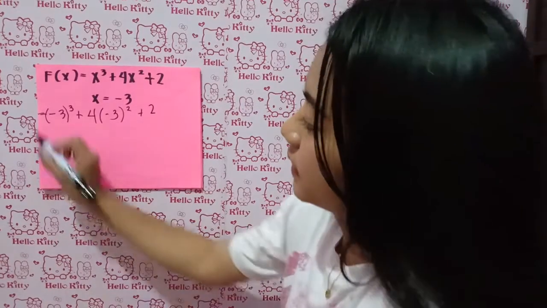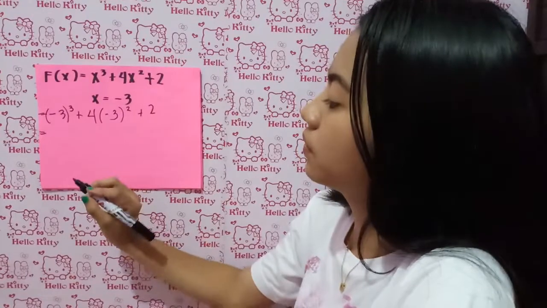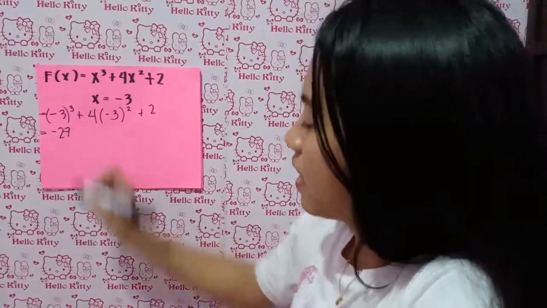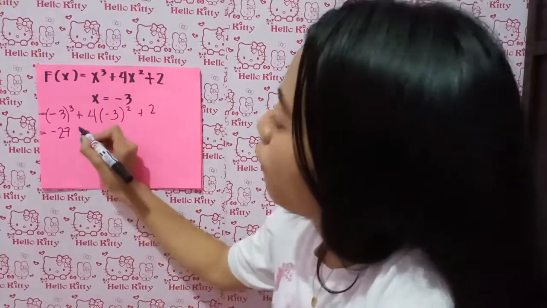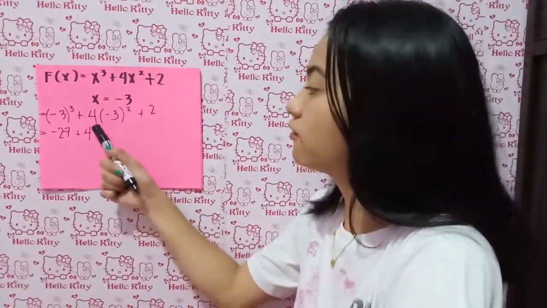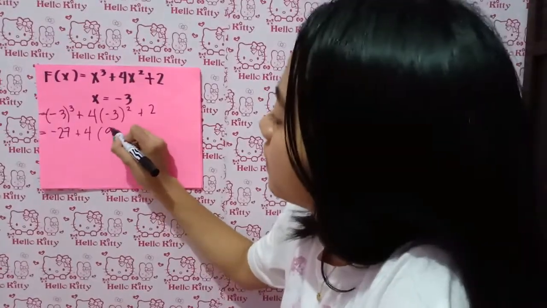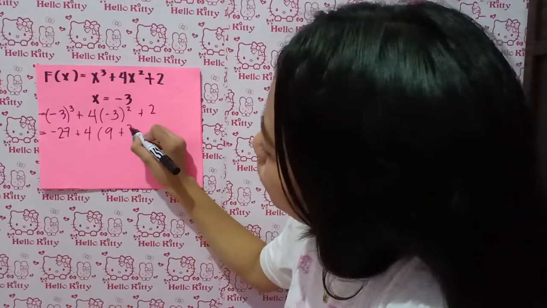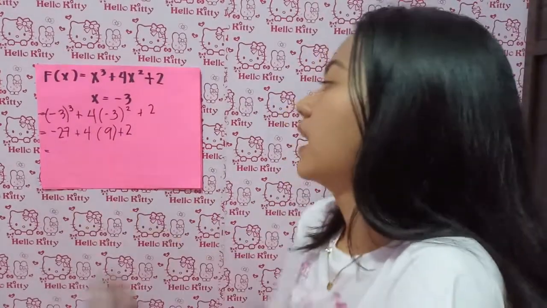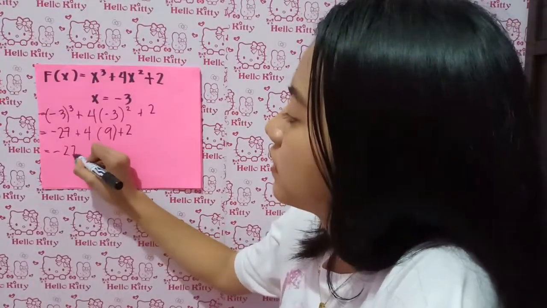Then next, negative 3 cubed is equal to negative 27. Then 4 times, and negative 3 squared is positive 9, plus 2. Then next, just copy the negative 27.